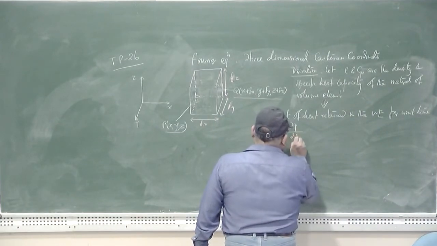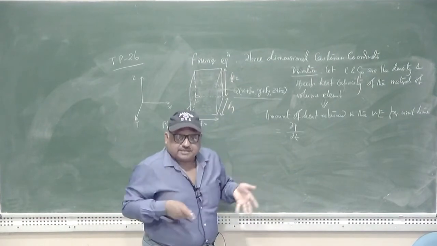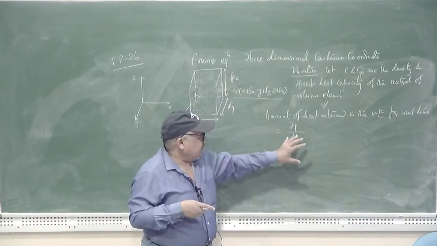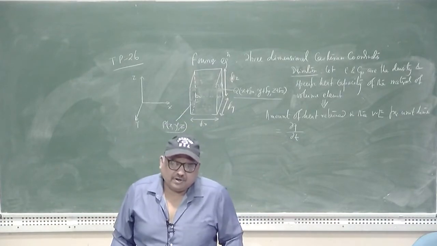Delta Q by delta T, rate of change of heat energy, because I am considering the volume element, so this needs to be multiplied with the volume of the volume element.